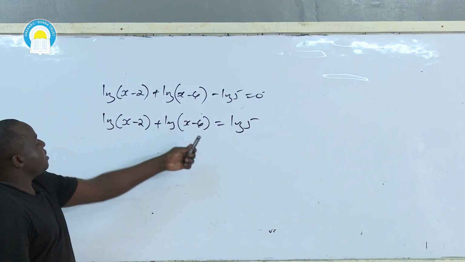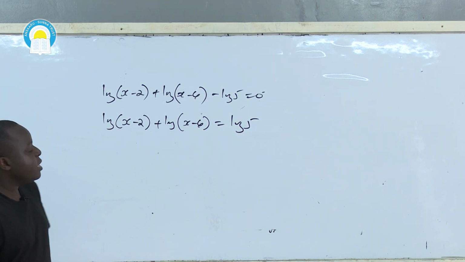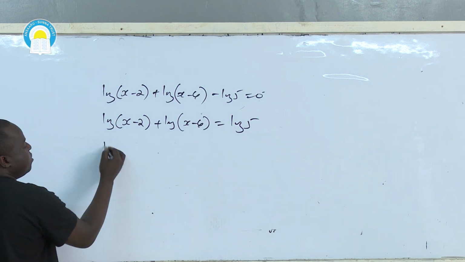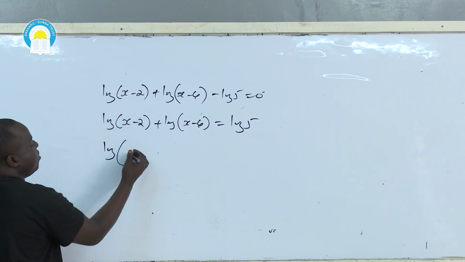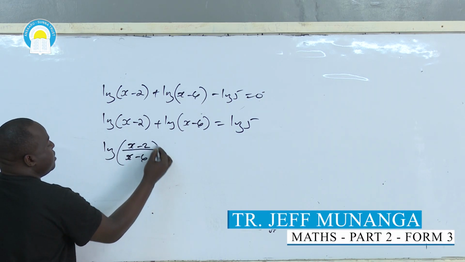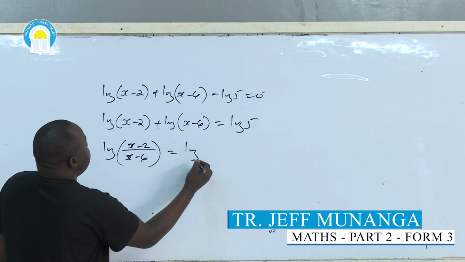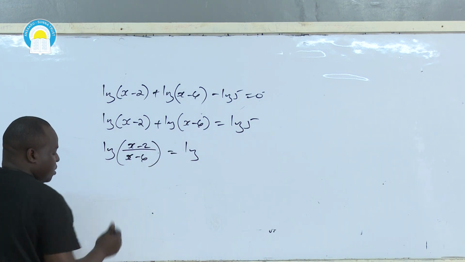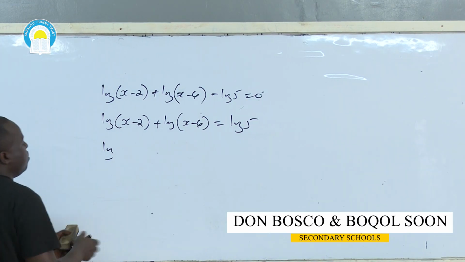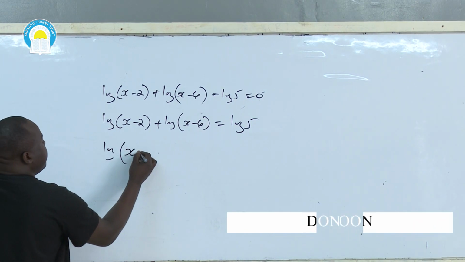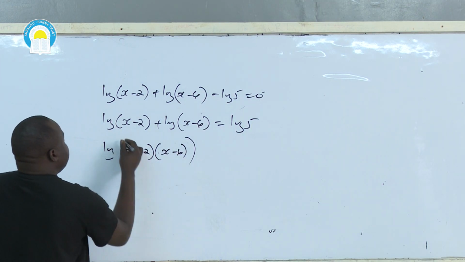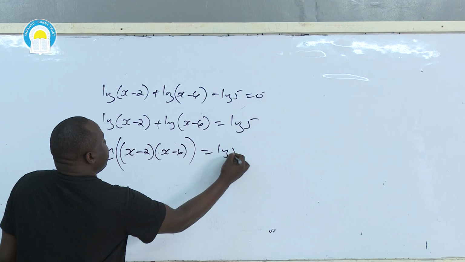And I think this is that normal equation we already explained. There are logs everywhere, no coefficients. So you simply write this as a single log. Since it's plus, it means I have to multiply the respective values: x minus 2 times x minus 6, equals log 5.